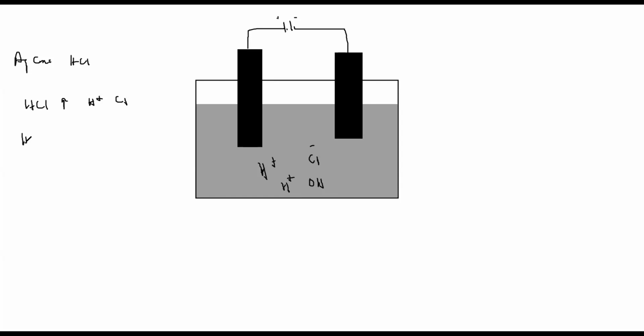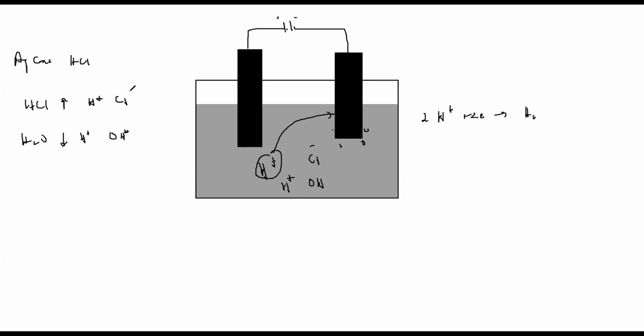And because it's aqueous, water is also there, but a small amount because it is concentrated. For positive ion, the criteria is the reactivity, but in this case, you have identical positive ions, so it will not make a difference. Any hydrogen ion can move. So as hydrogen ions move towards the cathode, they will take electrons, change into hydrogen gas, so you will observe bubbles.